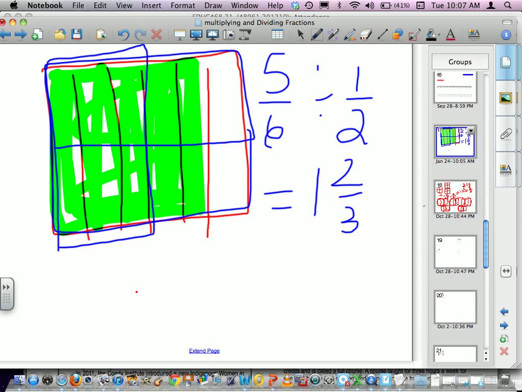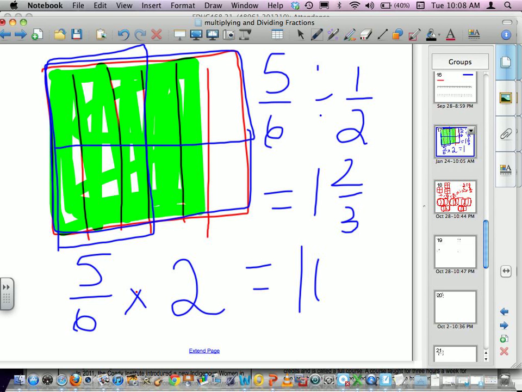Would it be safe to say that I have 5/6 of a half twice? Yep. So 5/6 of a half and 5/6 of a half. So I have 2 sets of 5/6 of a half, which gives me how many sixths of a half? It gives me 10/6, which reduces to 1 and 4/6, right?